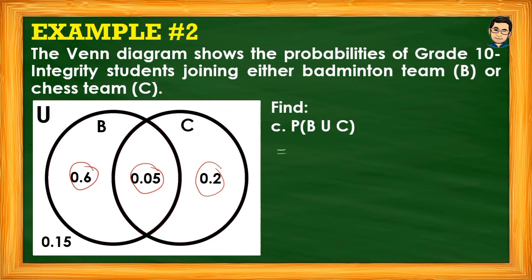So, add lang natin 0.6 plus 0.05 plus 0.2. So, the sum will be 0.85. Okay, so yan yung union, probability of B union C.